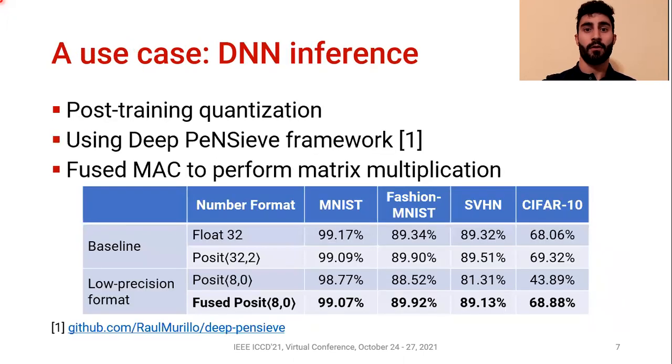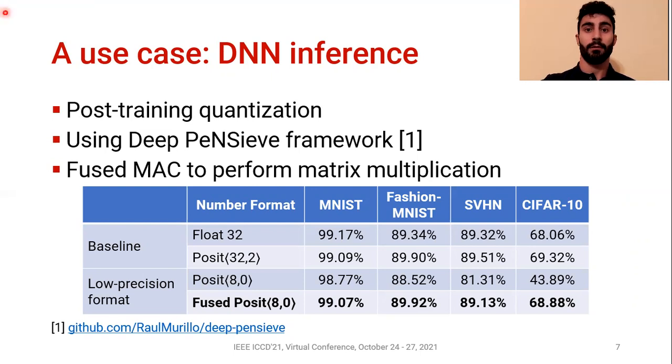To assess the performance of Posit fused operations, we selected deep neural networks as a use case. In this scenario, we wonder if fused operations can mitigate the accuracy drop when performing post-training quantization. For that purpose, we used Deep Positron, which is a framework that allows performing both inference and training of DNNs using Posit arithmetic.